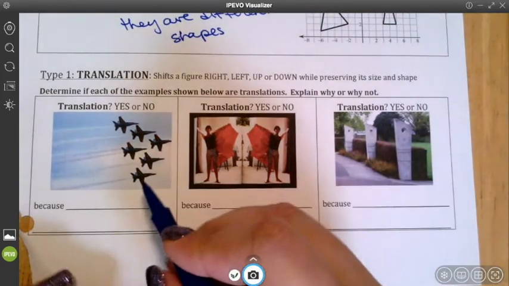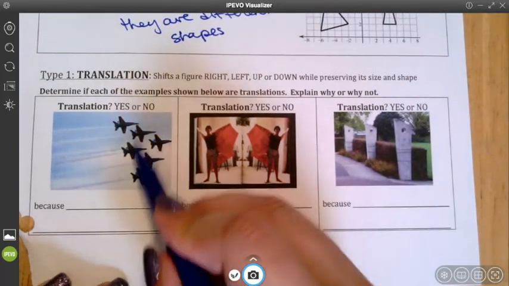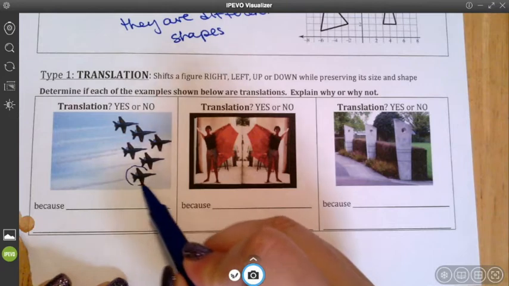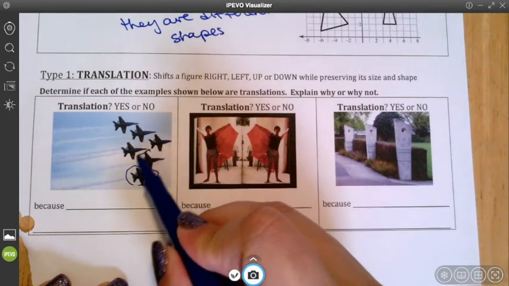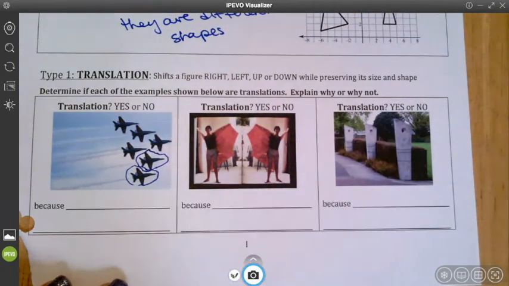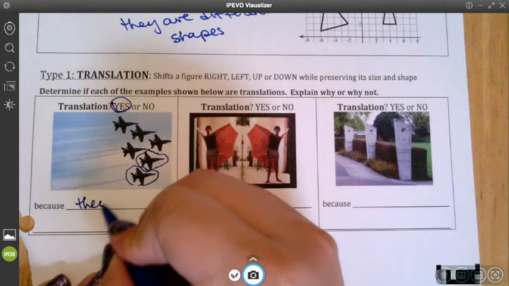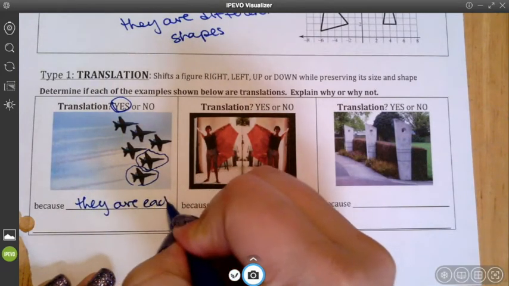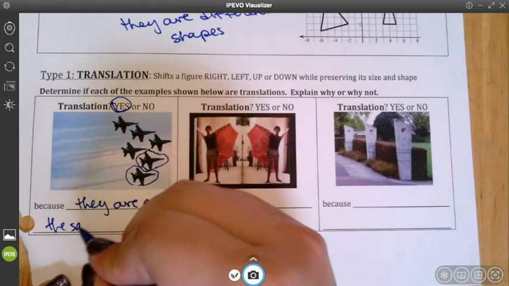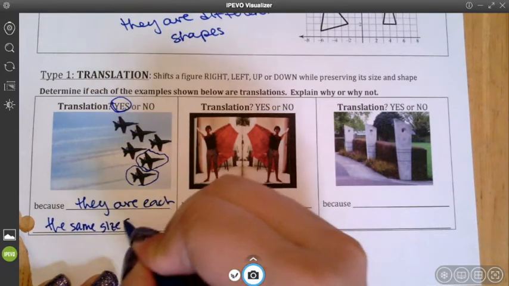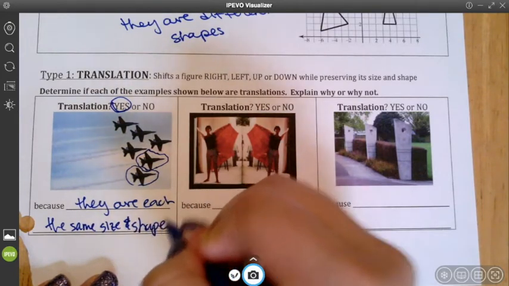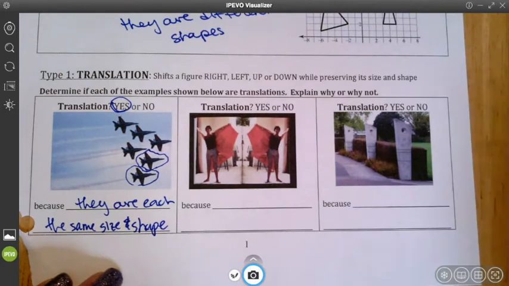So for this first one, we can look at these airplanes, and if I were to slice this airplane out and move it right over top this other one, they would be exactly the same. And so, yes, this is a translation because they are each the same size and shape. And I do want you to write that whole sentence out.